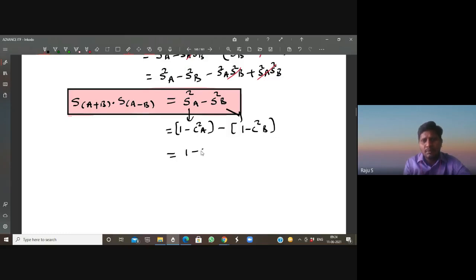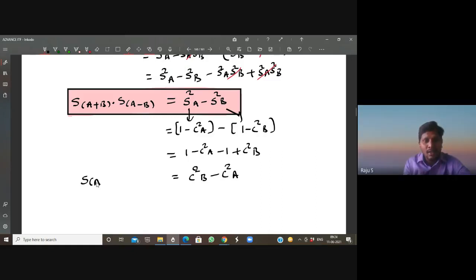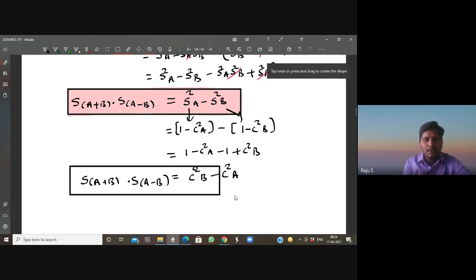Now from this, 1 minus cos square A minus 1 plus cos square B. Finally, we get cos square B minus cos square A. Yeah, this is another way we can represent sin(A plus B) into sin(A minus B). Got it?